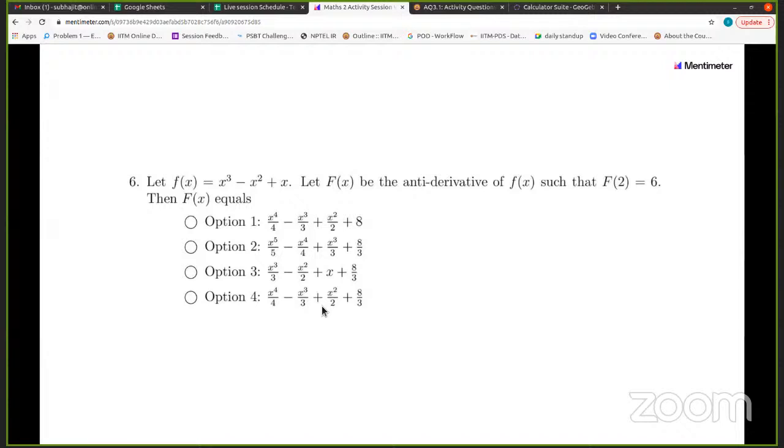Sir, I had a question. Yeah, tell me. Sir, integration was discovered before Riemann sums. Then what was the need for Riemann sums? Integration was discovered before Riemann sums, meaning historically? Yes, sir. It was discovered in the 17th century, and Riemann sums were discovered by Riemann in the 18th century.